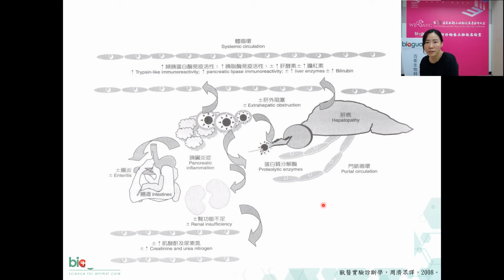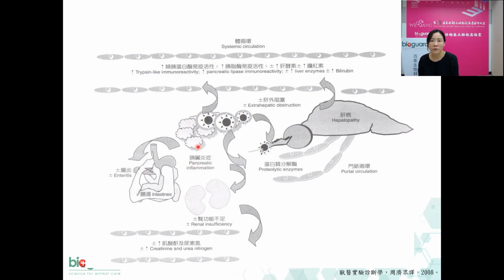If we summarize what we found in pancreatitis, we can see that the pancreas and the liver both contribute to the digestive function in the intestine, and they are very close organs within the abdomen.